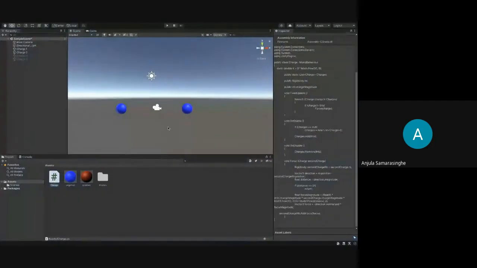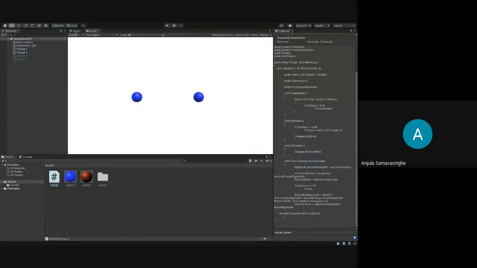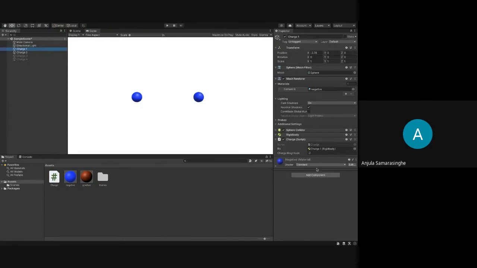So let's take a look at the animation. First, I have two negative charges, and each of them has a charge magnitude of negative 2.